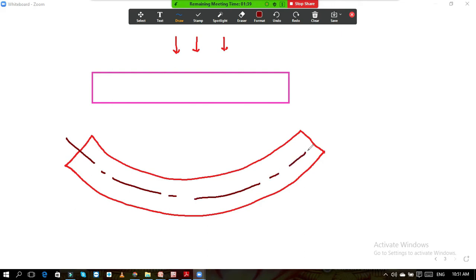In the theory of bending you studied that the fibers above the neutral axis are subjected to compression, and fibers below the neutral axis are subjected to tension. So the fibers above the neutral axis are subjected to which force?